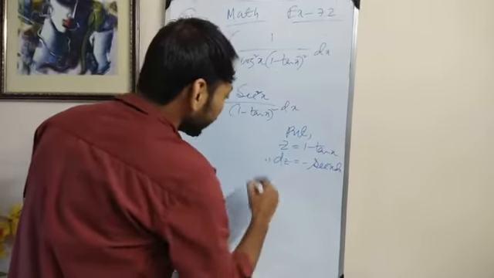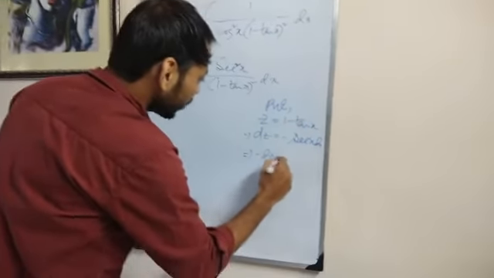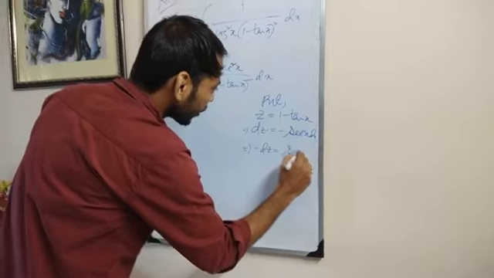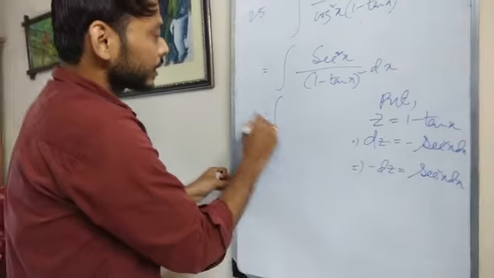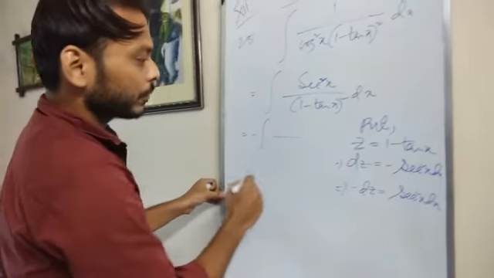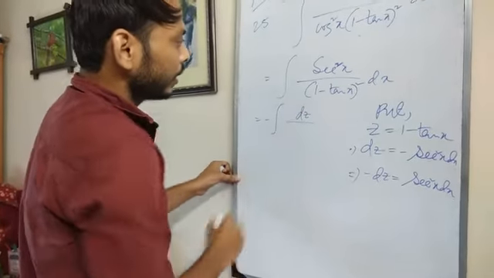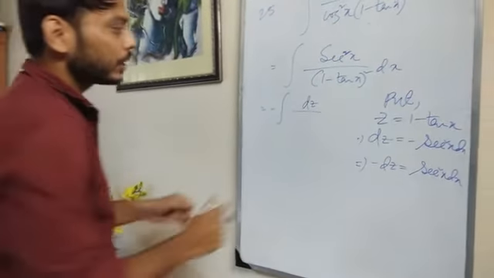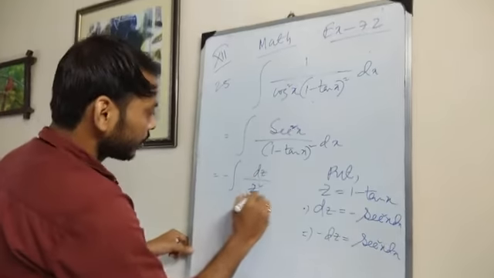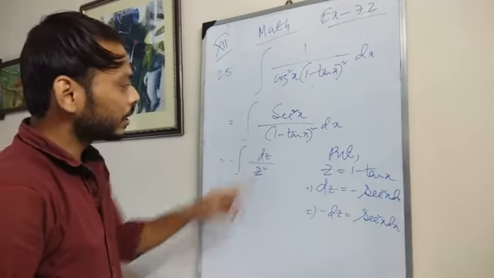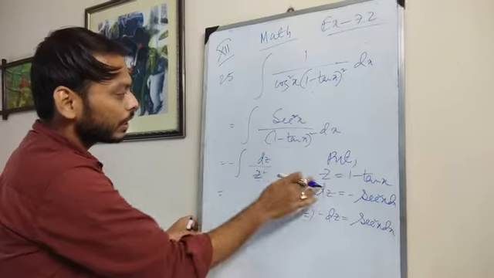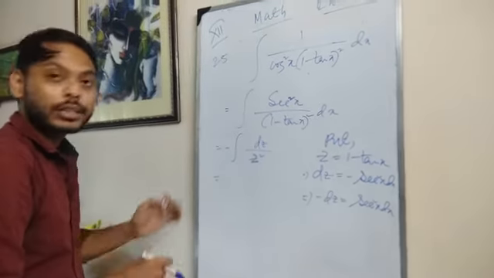So we get finally minus dz equals sec square x dx. So it is converted to minus, then in the numerator portion it is dz, and in the denominator portion it is z square. Because sec square x dx means minus dz and 1 minus tan x means z and there is a square, that's why it is z square.